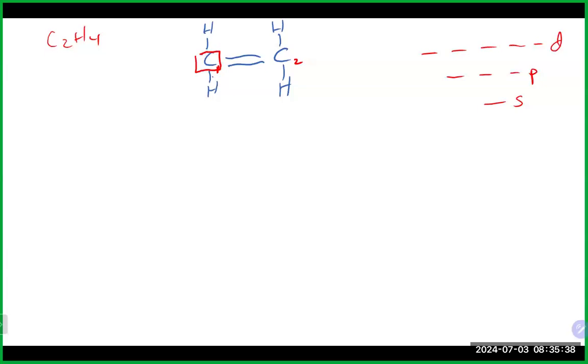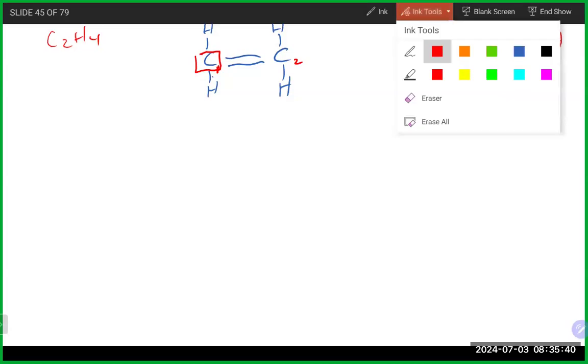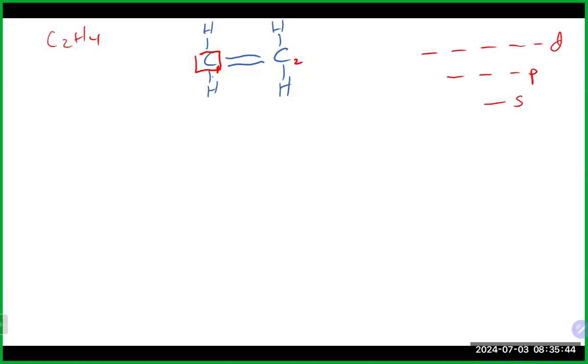And remember that we count them the same way as we do geometry, which means that is an electron pair right there. That is an electron pair right there. And since we have 2 central atoms, we would split it there. We would also count this one right here. And remember that the double bond counts as only 1 electron pair.